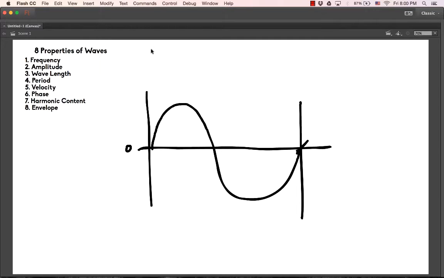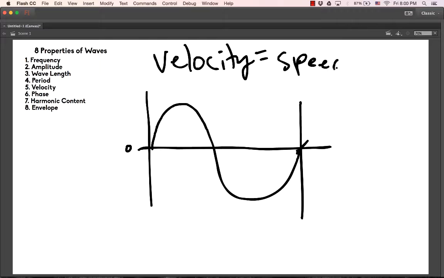Velocity, like the velocity of unladen swallows, this is similar to speed. I'm not a physicist. I don't know what the difference between those two words are, but basically, for our purposes, the speed of sound waves, that's what we're talking about, it does vary. So like if you're in a warmer temperature, it's going to go faster than if you're in a colder one.